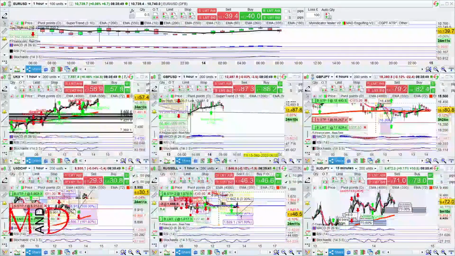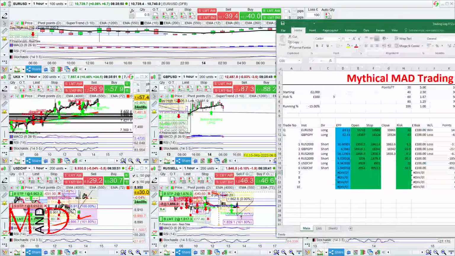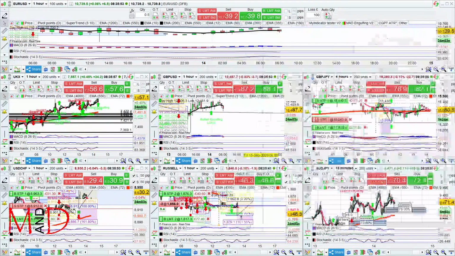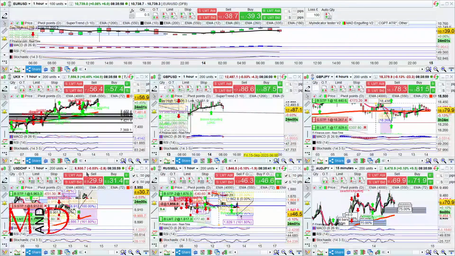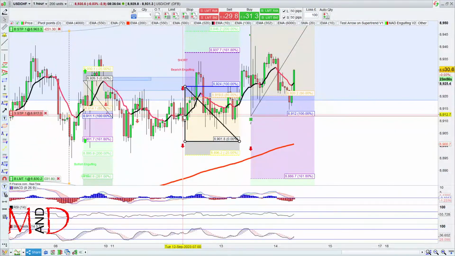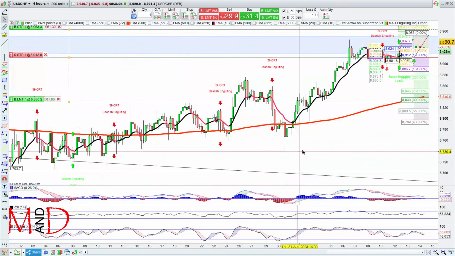So there's the Russell short. USD CHF long is this bad boy. Was it on the 4 hour? It was on the 4 hour. Let me bring that up. That's why a trade log is important.